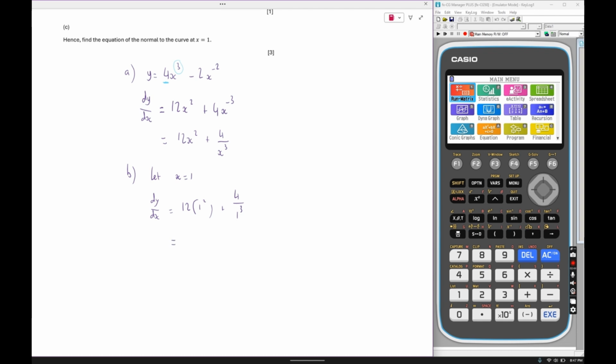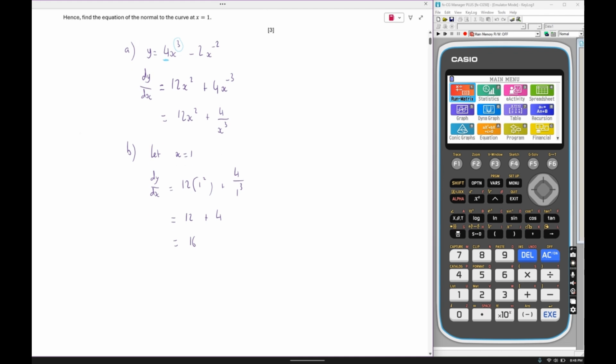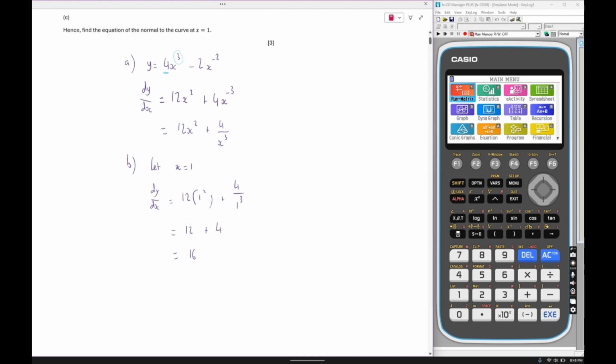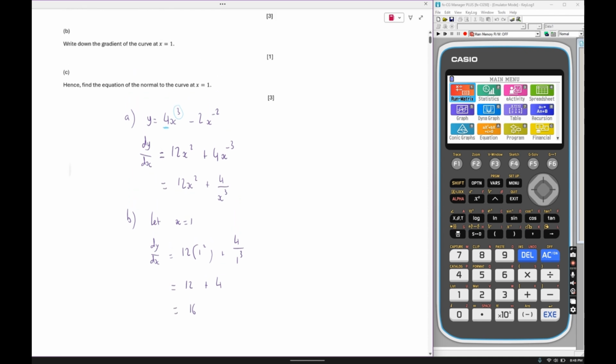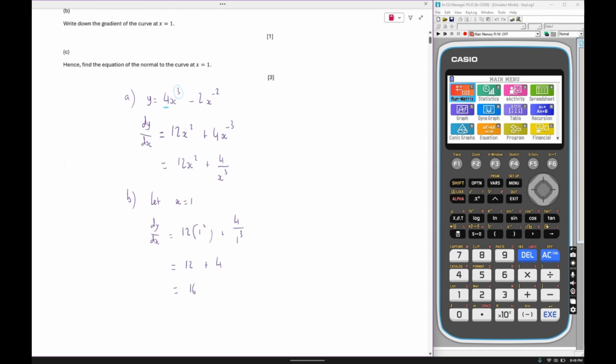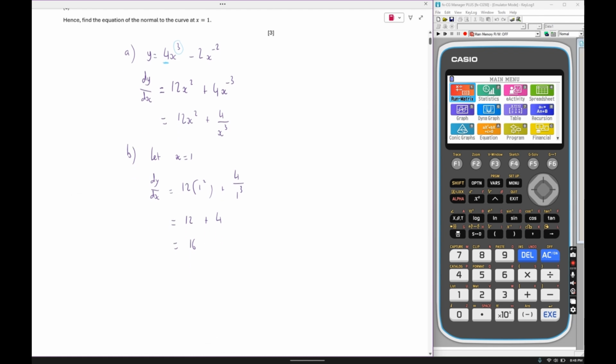So 1 squared is 1, 12 times 1 is just 12, plus 4 divided by 1 cubed, well, 1 cubed is just 1 times 1 times 1, which is 1. So this is going to be plus 4. 12 plus 4 is 16. So dy dx when x equals 1 is 16. That question is only worth 1 mark. So you get a mark for the correct answer of 16.